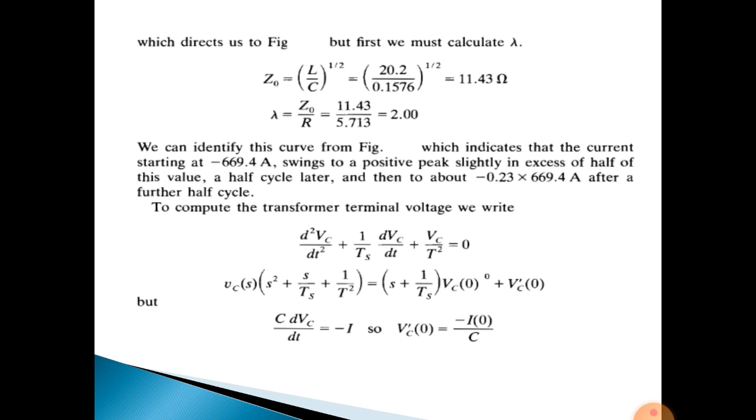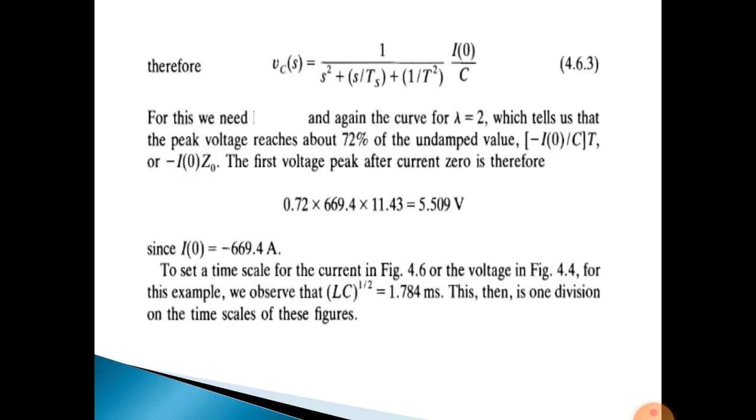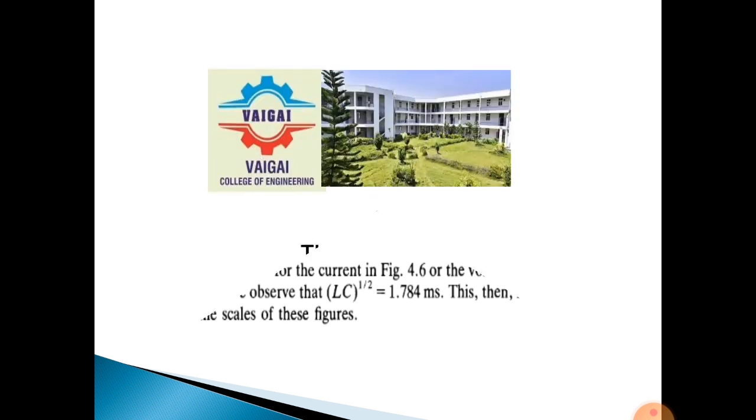And then C into dVc divided by dt is equal to minus I. So V dash C of 0 is equal to minus I naught divided by C. So the final voltage equation, that means the capacitor voltage Vc of S is equal to 1 divided by S square plus S divided by Ts plus 1 by T square, into I of 0 divided by C. Okay, thank you.